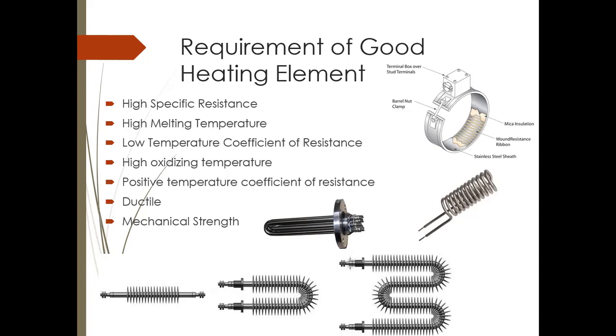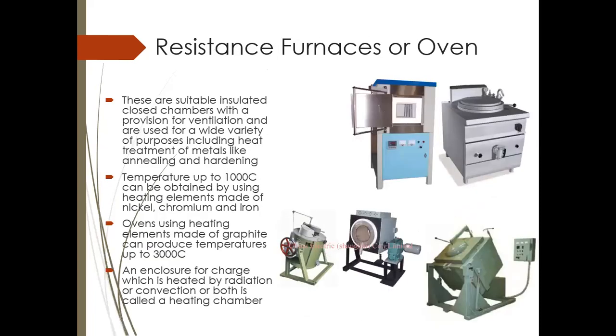For example, for constantan, which is 45% nickel and 55% copper, the maximum working temperature is 400 degrees centigrade.